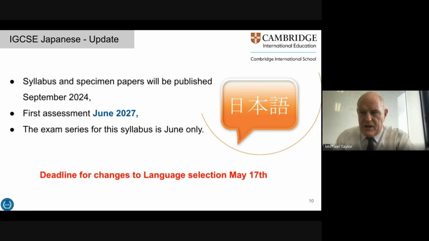Or you want to change from Japanese to French because of this latest piece of information, you have until next Friday, May the 17th. I'll send this information back out again. And you need to send an email to the respective divisional head, either Mr. McKee or Miss Jessica, and the current language teacher. All right.